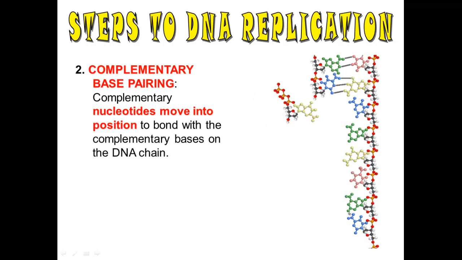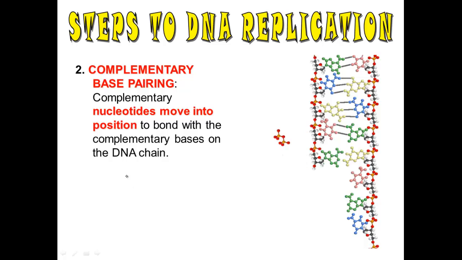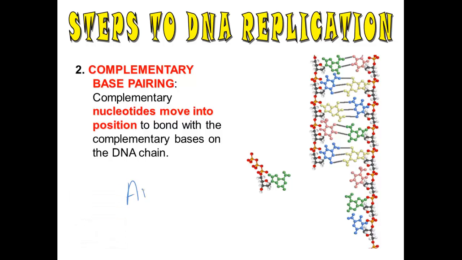The second step that happens in DNA replication is complementary base pairing. Once the 2 sides of DNA are separated from each other, the new base pairs from the food that you ate come and join their partners. Anywhere there's a T, an A will join. Whenever there's an A, T will join. Whenever there's a C, a G will join. And whenever there's a G, C will join.